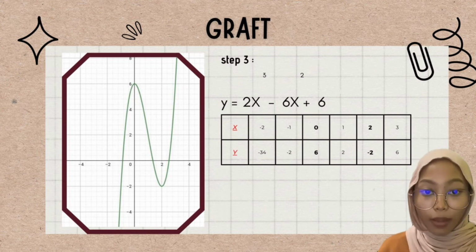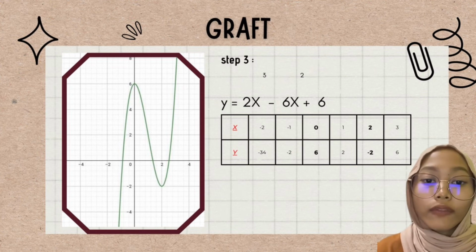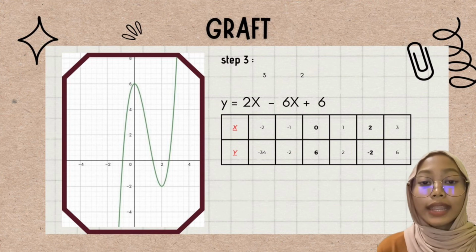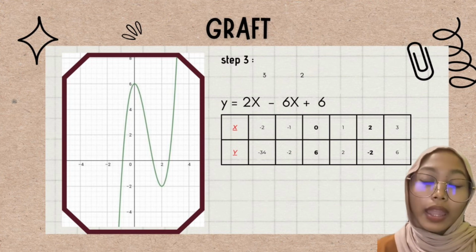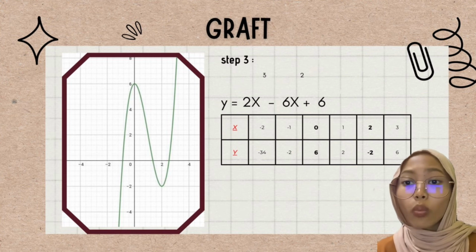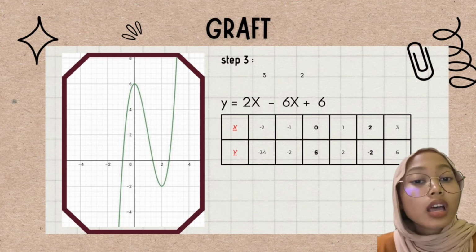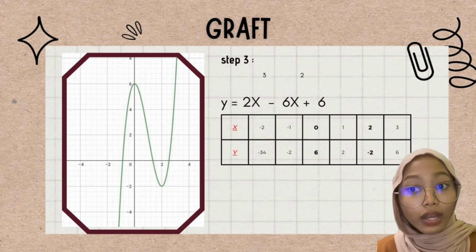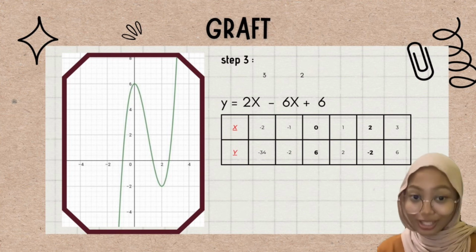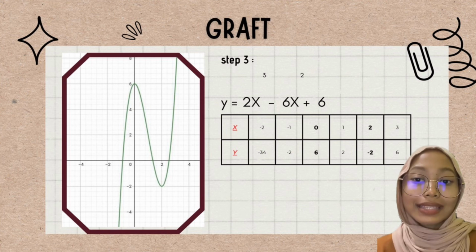So in the table, for x equals -2, y is -34; for x equals -1, y is -2; for x equals 0, y is 6; for x equals 1, y is 2; for x equals 2, y is -2; and for x equals 3, y is 6.